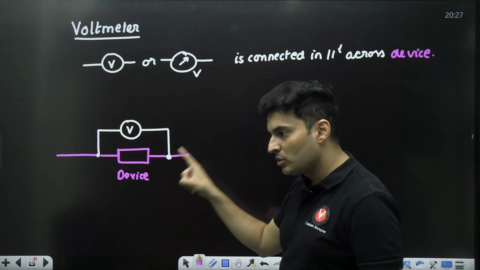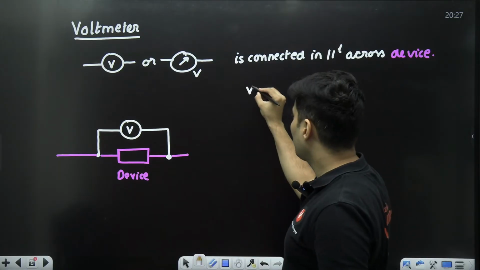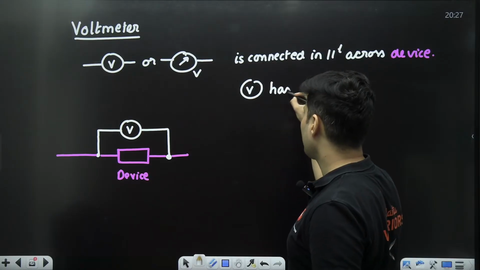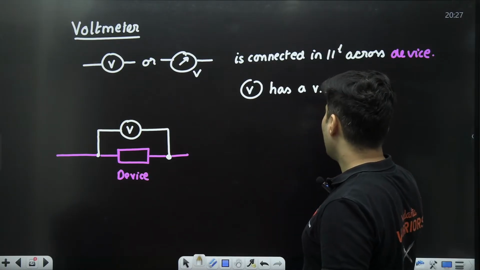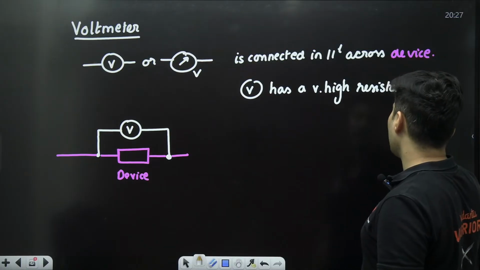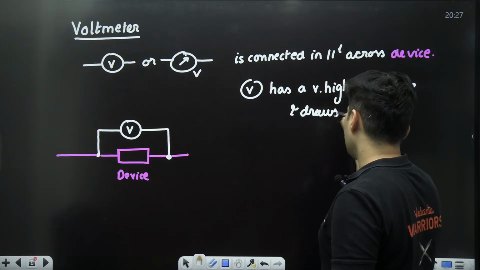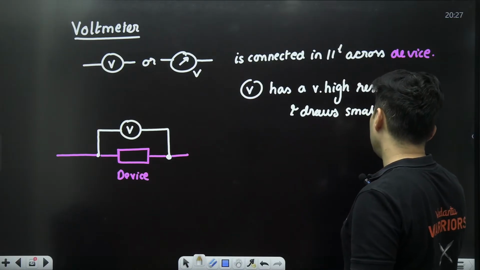The device has to stay unaffected, which means the voltmeter has a very high resistance and draws a small current only.